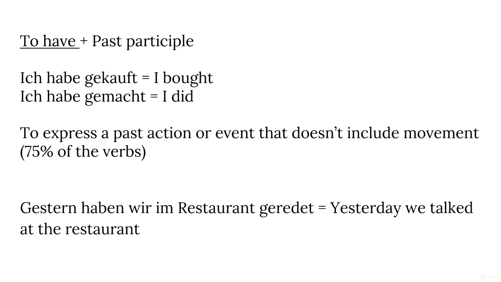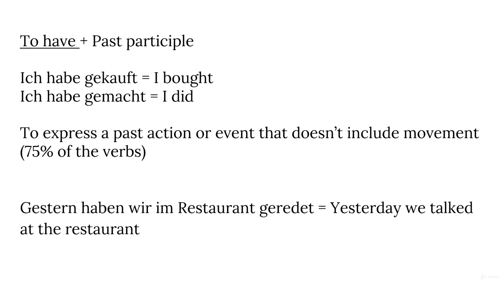Let's see a more complicated sentence, like yesterday we talked at the restaurant. Yesterday is gestern. We talked, so the pronoun is wir. And to talk, you don't actually move a lot in it, so you use haben.